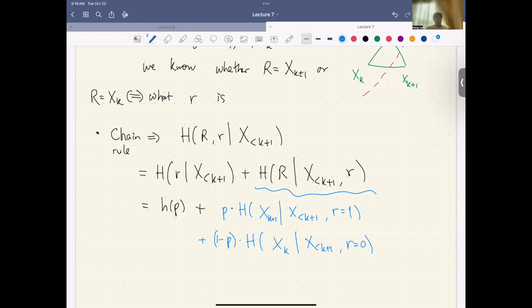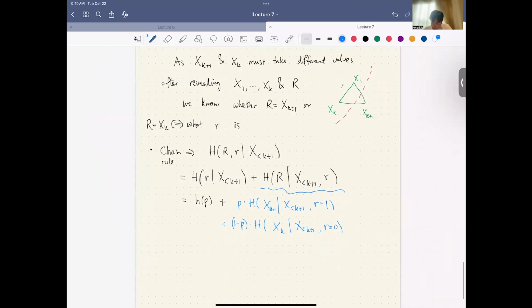So it equals to this one. All right. How do we further simplify it? So this is this way.